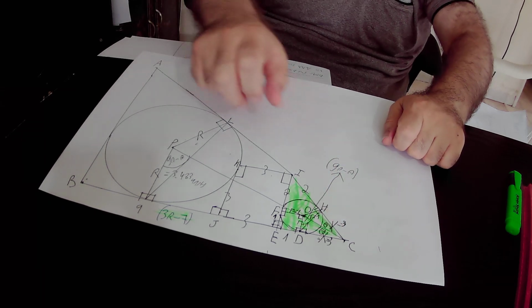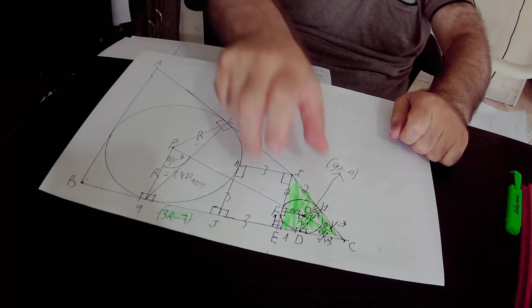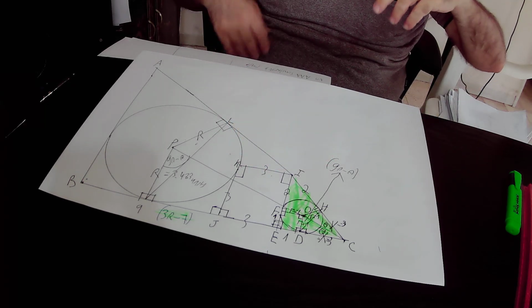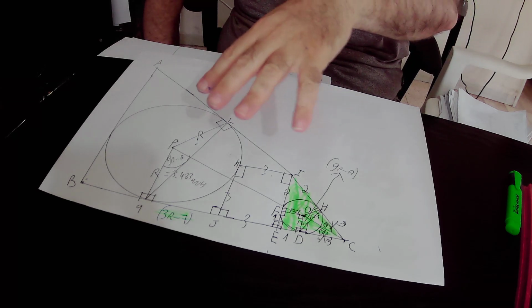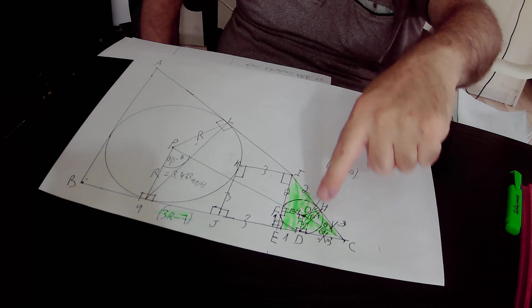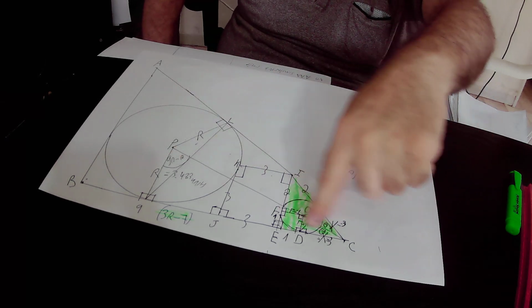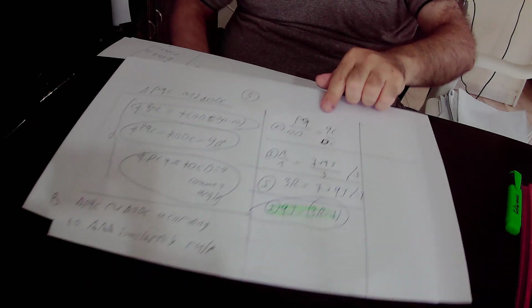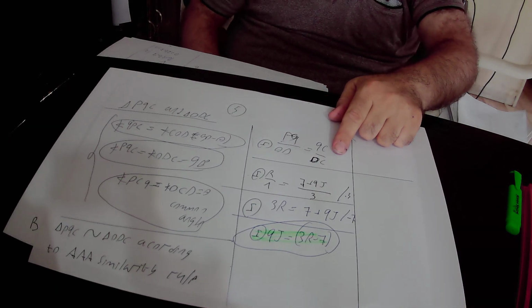So we found out that those two triangles are similar according to the angle similarity rule. And from the fact that they are similar, we conclude that PQ over OD equals QC over DC. Again, PQ over OD equals QC over DC.